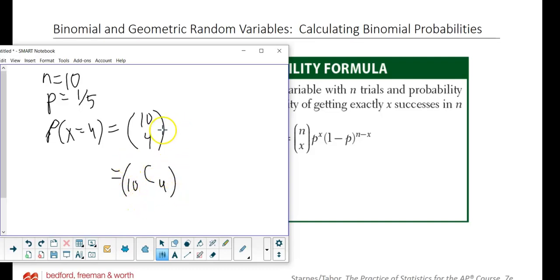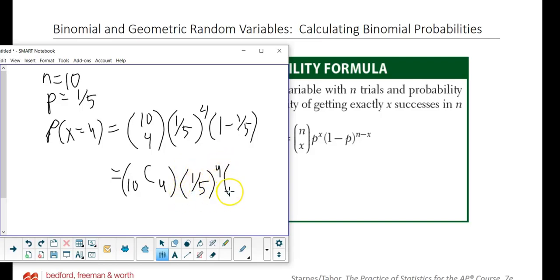That would be a combination times p, which is 1/5, to the x, which is 4, times 1 minus, the complement there, 1 minus p, so 1 minus 1/5, or 4/5. And it'd be fine to write 4/5 there. In fact, I usually do. I would write 1/5 to the 4th, and I just calculate that.